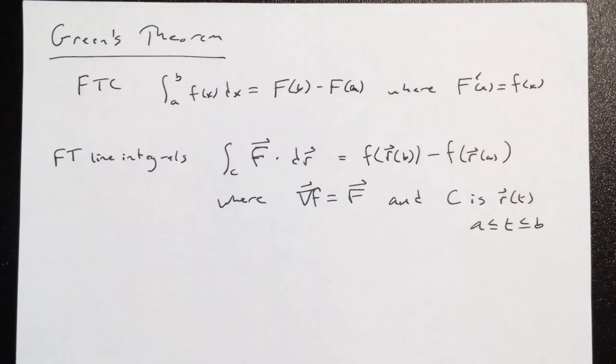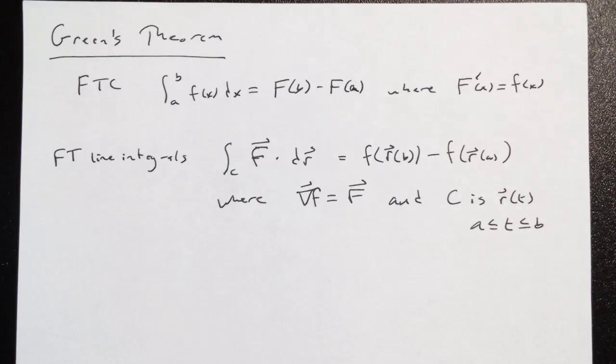Fundamental theorem of calculus. Two versions, right? I've got the version we did for dot one, simple intervals. Take the antiderivative, look at the ends. I've got the line integral version. The line integral version says, take the antiderivative and look at the ends.